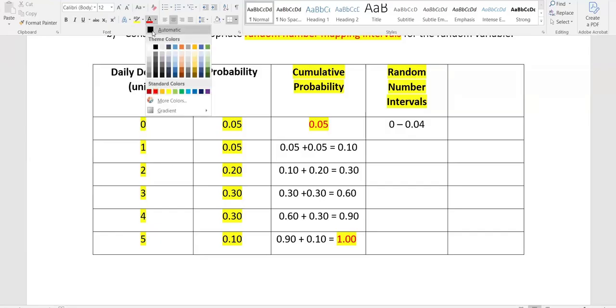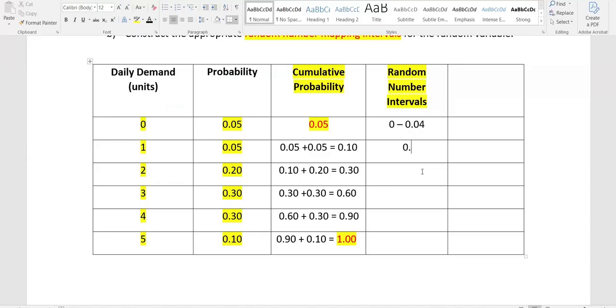After the upper limit, just keep counting. To 0.09. Good. To 1 unit less than the cumulative probability we're in line with. The probability we're in line with is 0.10, so 1 unit less would be 0.09. Tell me if you understand that second interval. Once you understand that second interval, the rest of it is history.